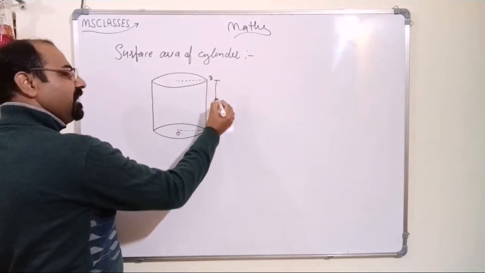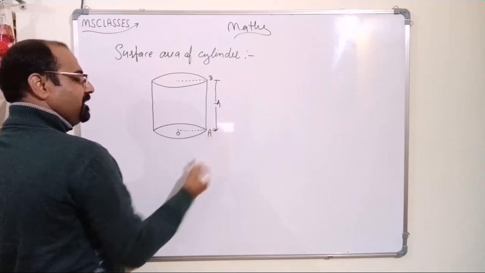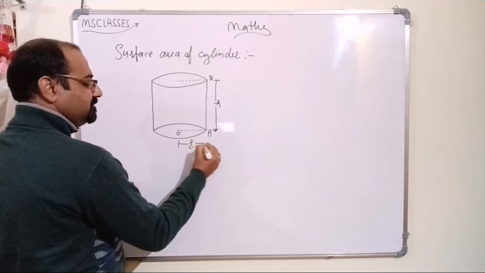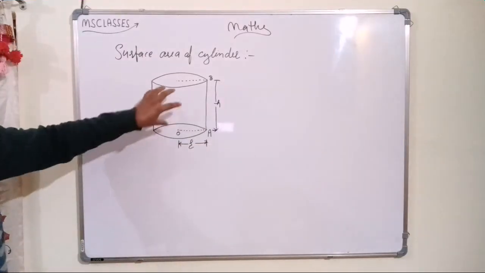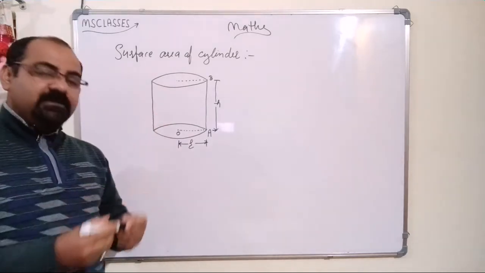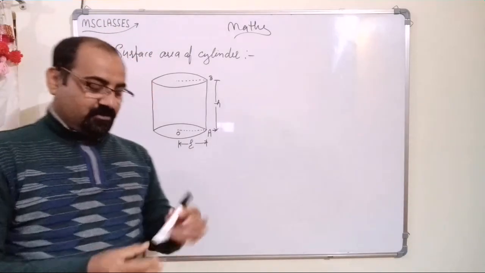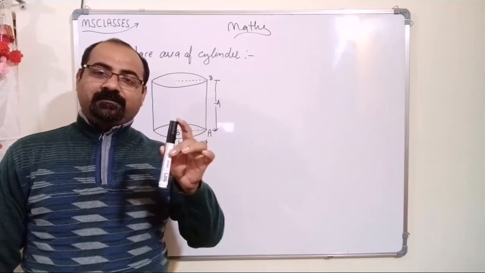So guys, the height is represented by H and the radius is represented by R. This cylinder may be solid or may be hollow. So guys, this is a pen, just like a cylinder.